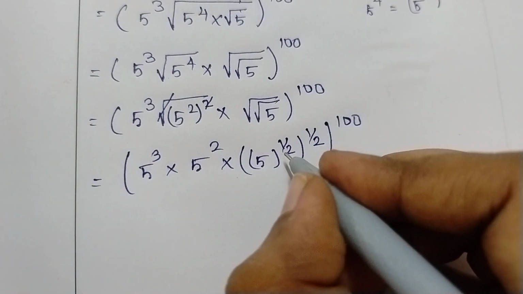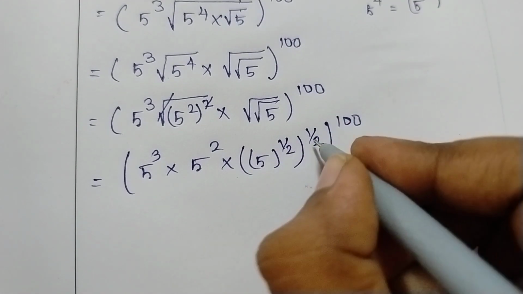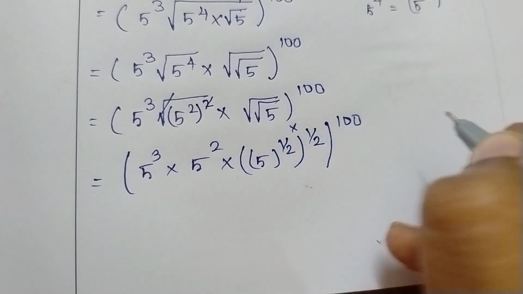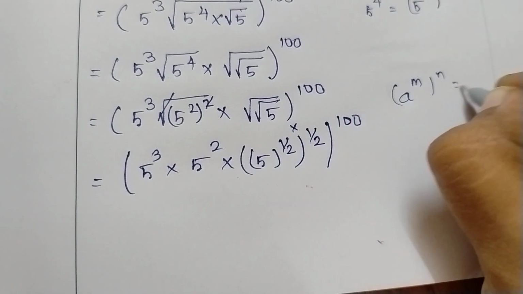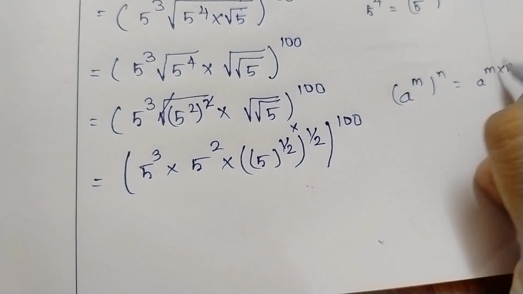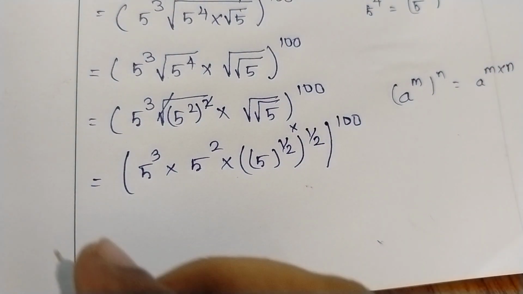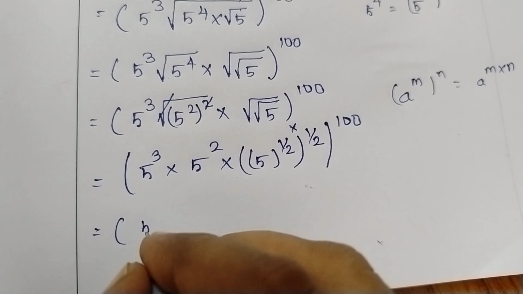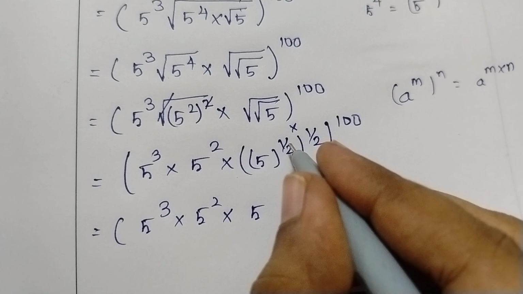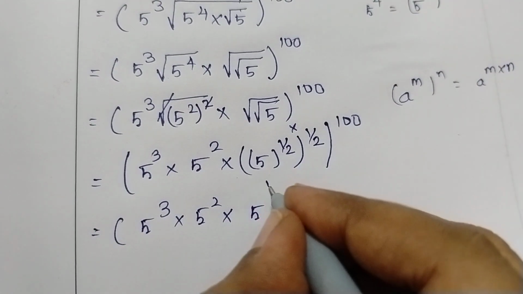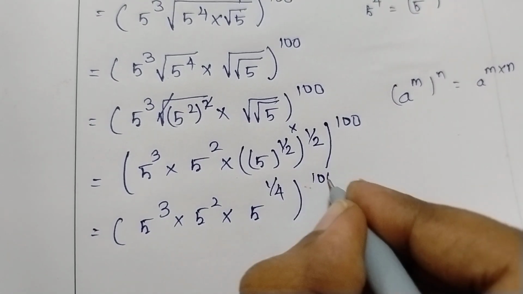If it has a power like this, we can multiply them, because the rule is a power m, the whole power n, can also be written as a power m into n. So apply this rule here. Therefore this becomes 5 cube into 5 square into 5 power 1 by 2 into 1 by 2, which is 1 by 4, the whole power 100.